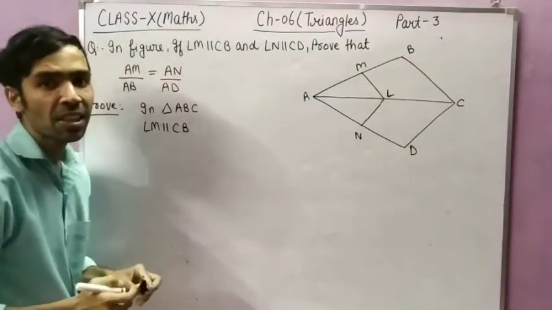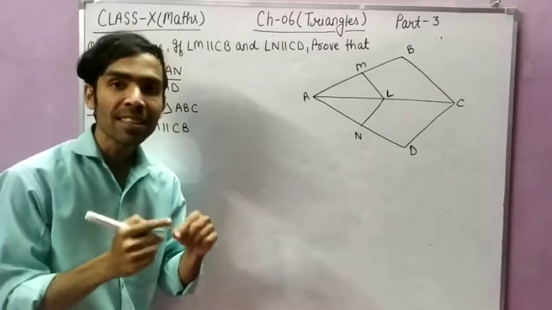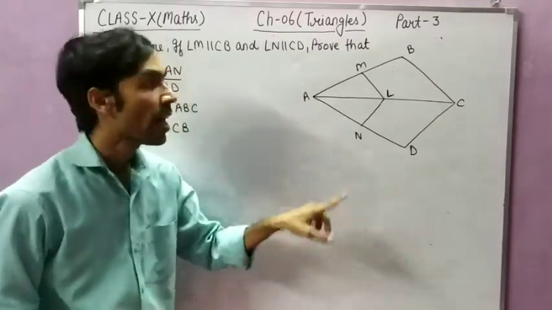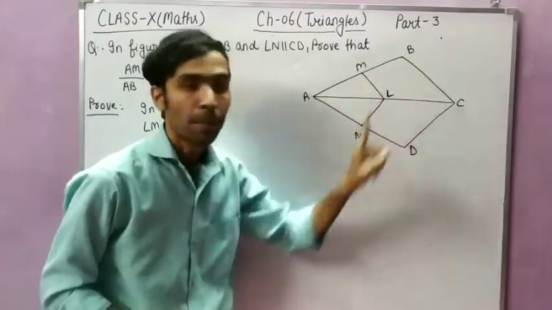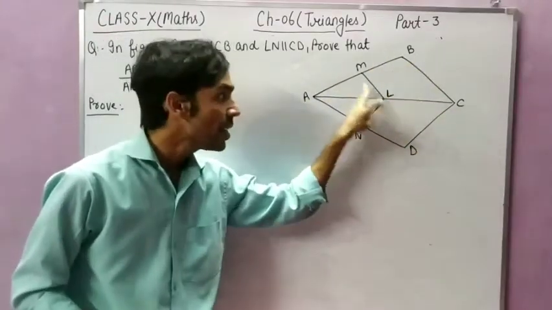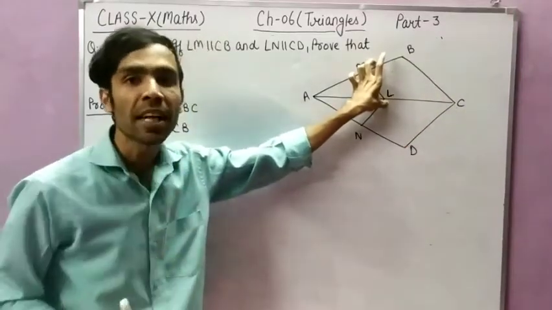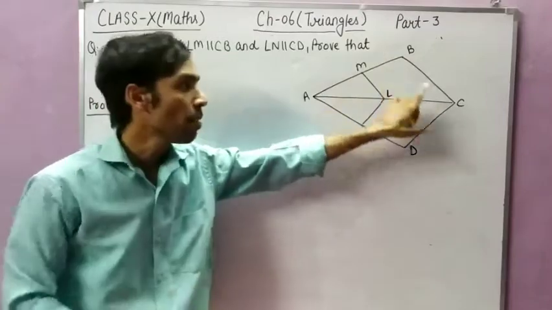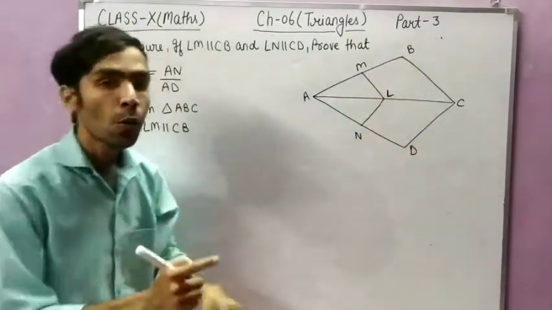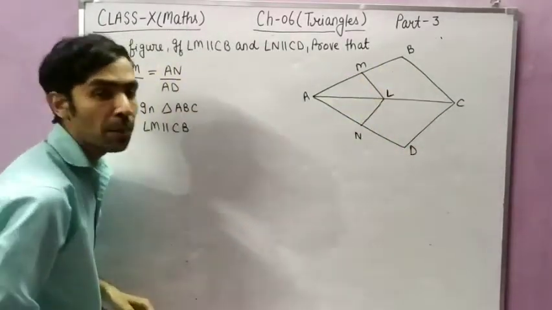So by Thales theorem, the other two sides will divide in the same ratio. What are the other two sides in this triangle? In this triangle, the other two sides are AC and AB. Because see, the triangle is ABC, and in ABC, LM is parallel to BC. Means this LM is parallel to one side of the triangle, and that side is CB. So we can say the other two sides of the triangle will be divided in the same ratio.